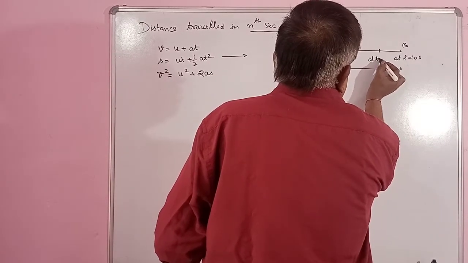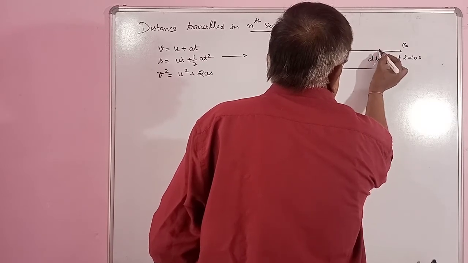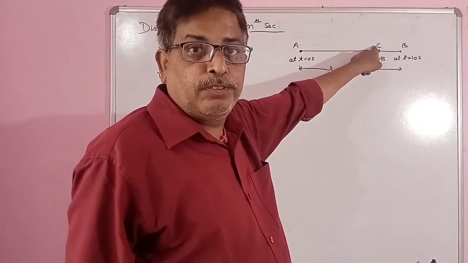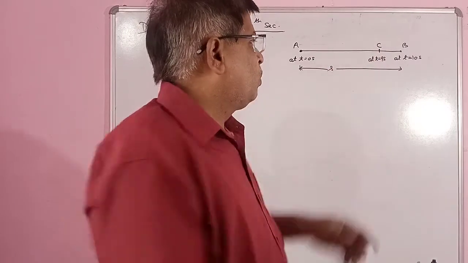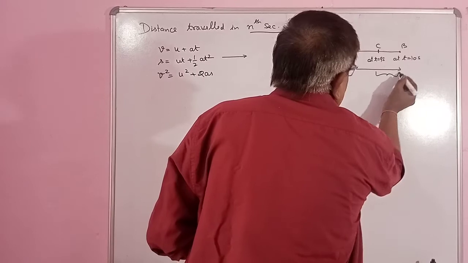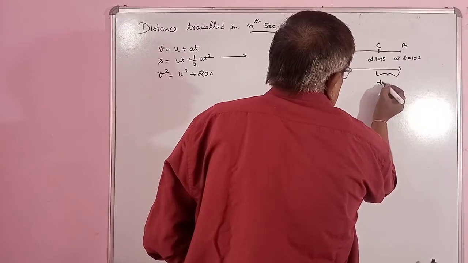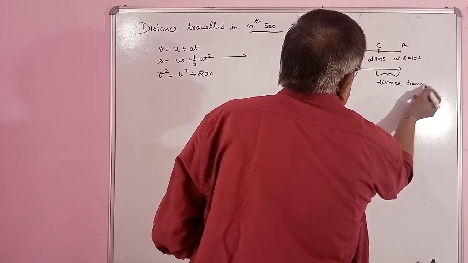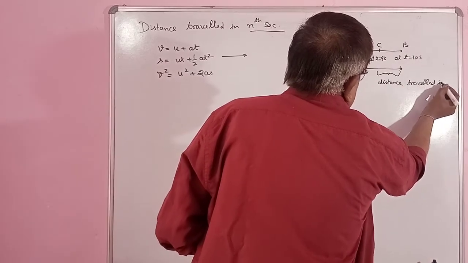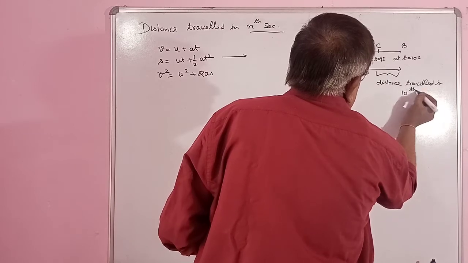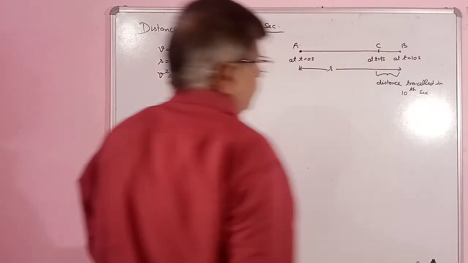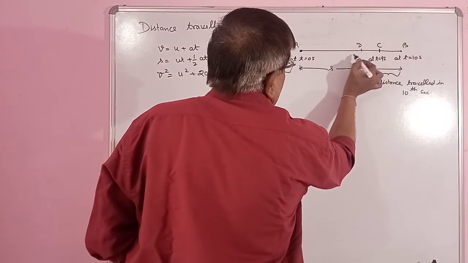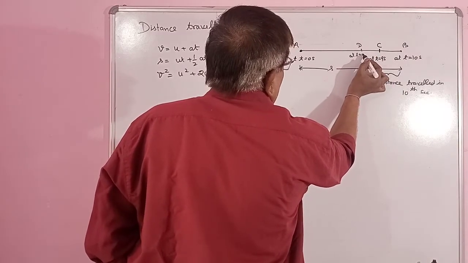At t equal to 9 seconds, the particle was at C. So this is the distance in the 10th second. This is the distance, suppose this is d, at t equal to 8 seconds.